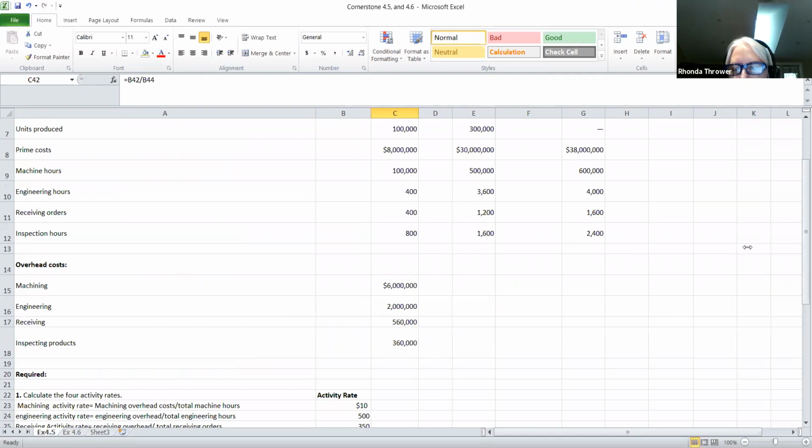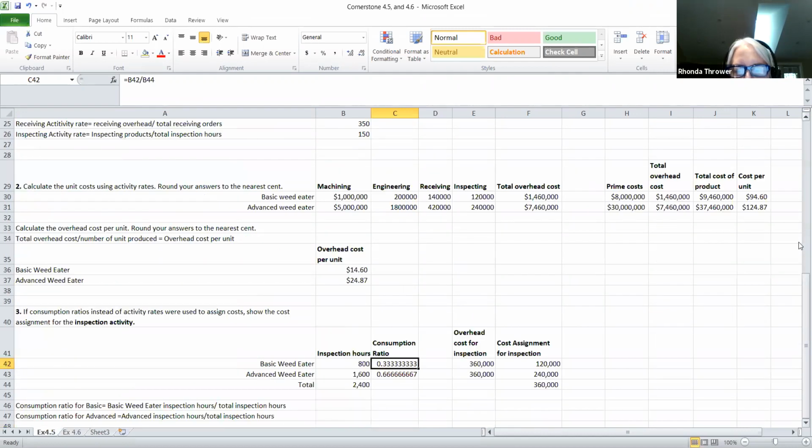You could get it from here, or I tried to make it a little bit easier so you could see where it came from as 2,400. So when you see consumption ratios, all they're talking about is a ratio where you're going to divide the number of hours by the total hours. In this case, we're only using the inspection activity.